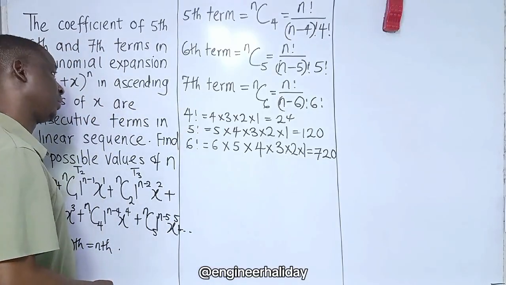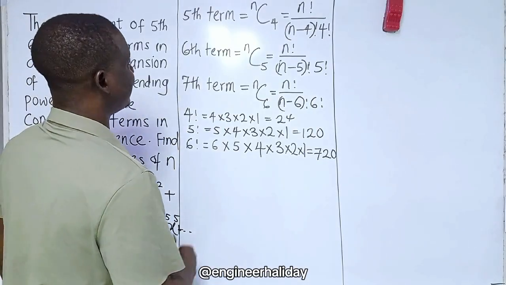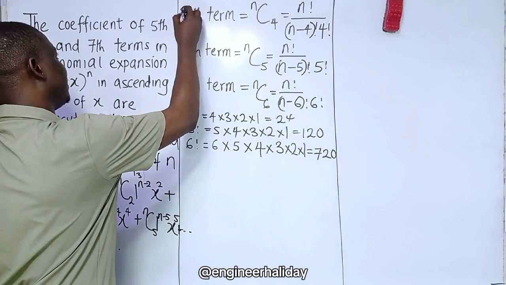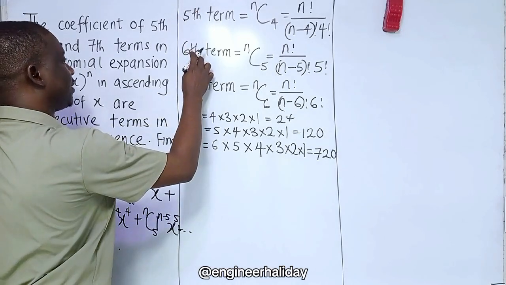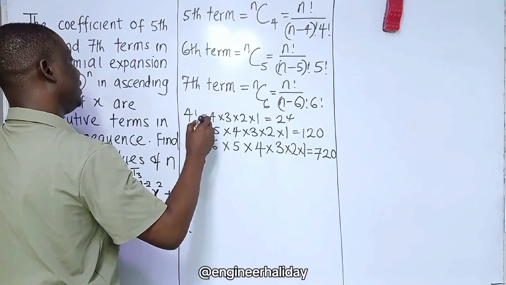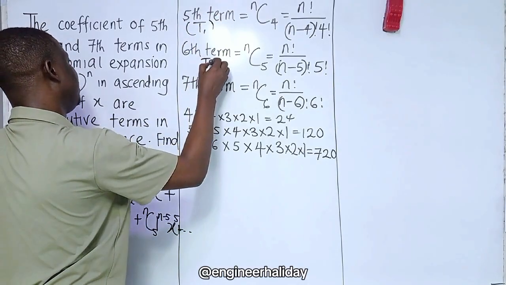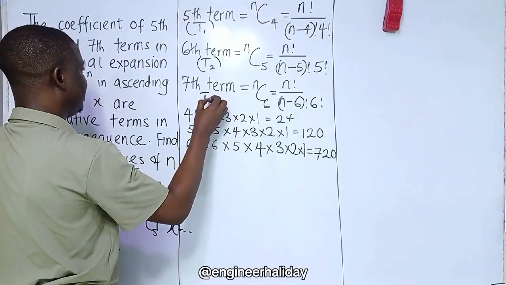Now, they said these are three consecutive terms: first term, second term, and third term. So let's take this one as our T1, this T2, and this T3.